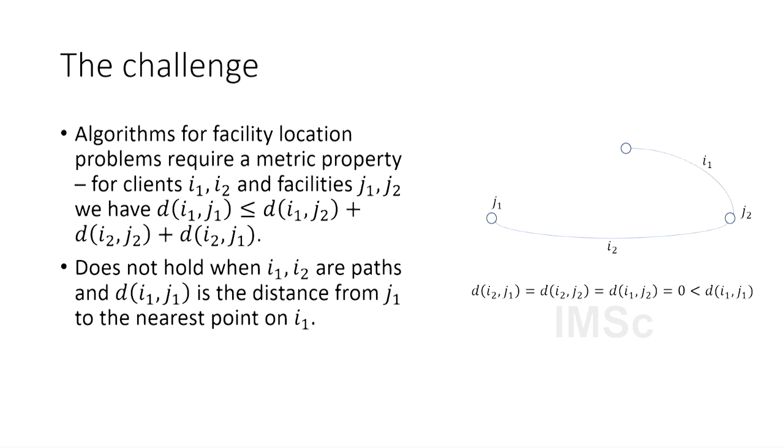And J2 also sits on I1. So the distance of J1 from I2, the distance of J2 from I2, the distance of J2 from I1, all of these are 0, because they sit on them. But the distance of J1 from I1 is non-zero. And so most of the machinery that has been developed for facility location problems goes out of the window. We can't use it anymore.